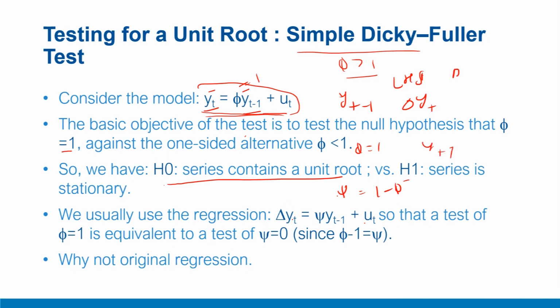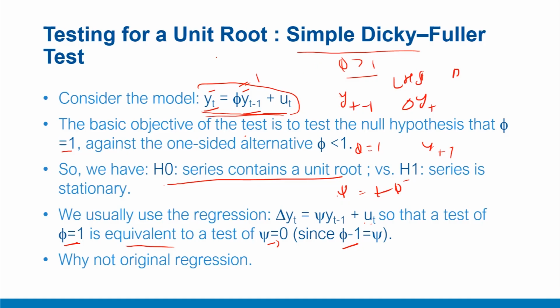So the resulting equation is delta y_t, the first difference of y_t, equal to psi times y_{t-1} plus mu_t. An equivalent test of phi equal to 1, the null that the process is non-stationary, is a test of psi equal to 0, because psi is nothing but phi minus 1.